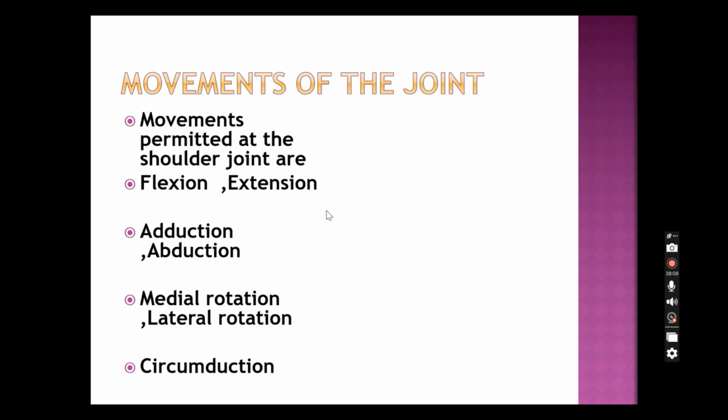Movement possible. All the three dimension movements are possible. Flexion, extension, adduction, abduction, medial rotation, lateral rotation, and circumduction are possible in the shoulder joint.